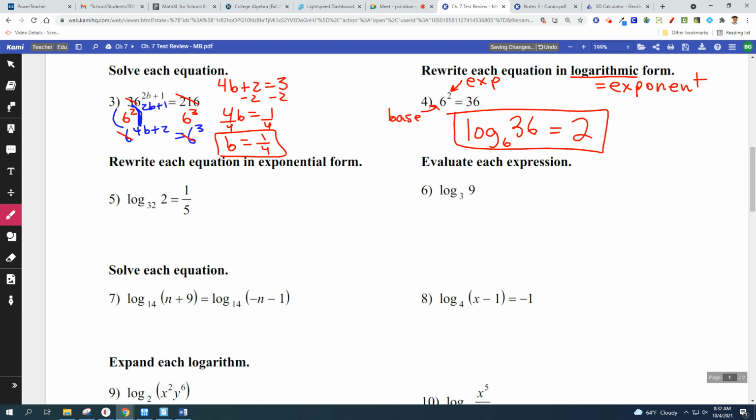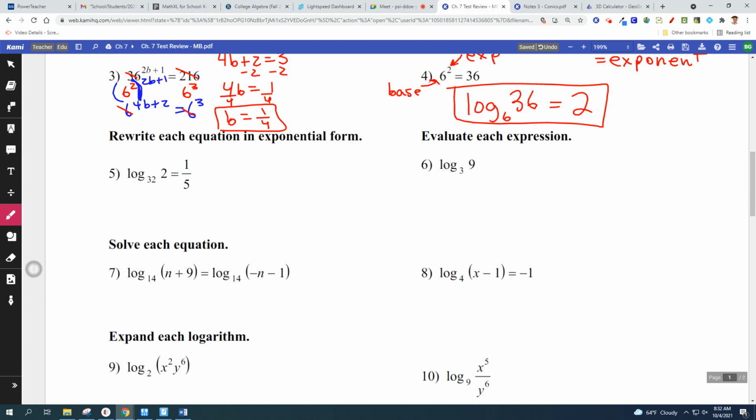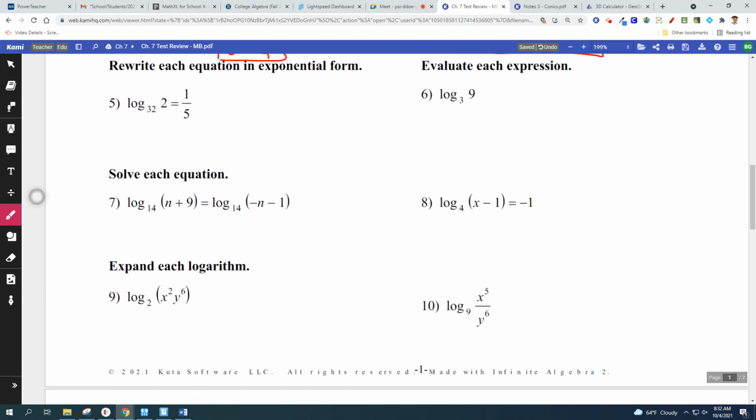Not much to that, but that's what it is when you convert. So the next one, we are going to rewrite in exponential. So it's going to go the other way. Again, you've got to remember that a log equals an exponent.